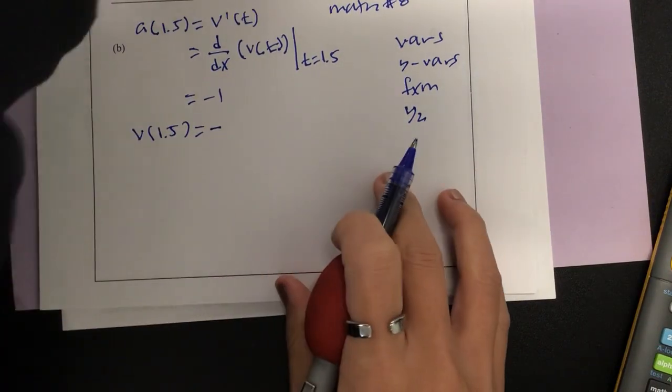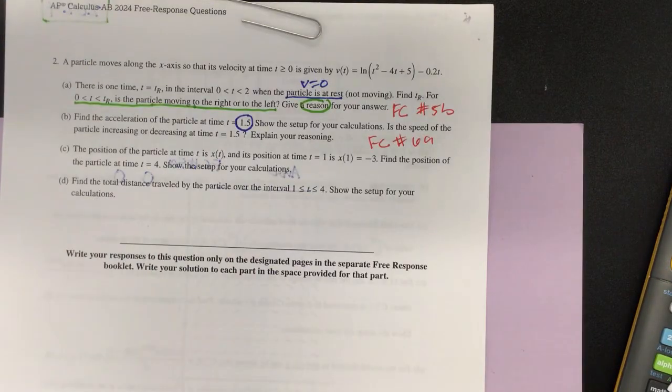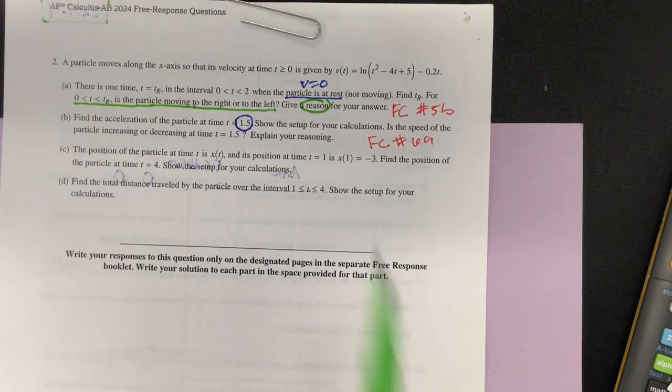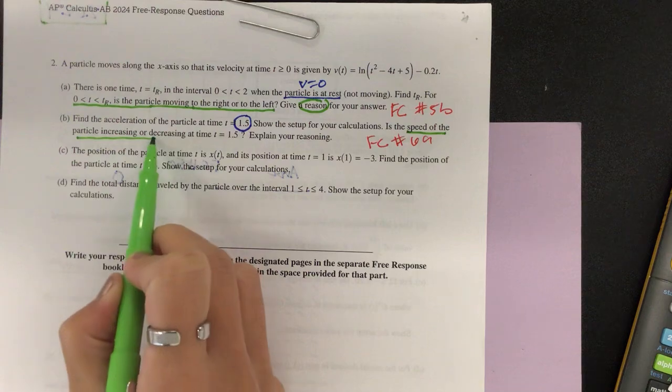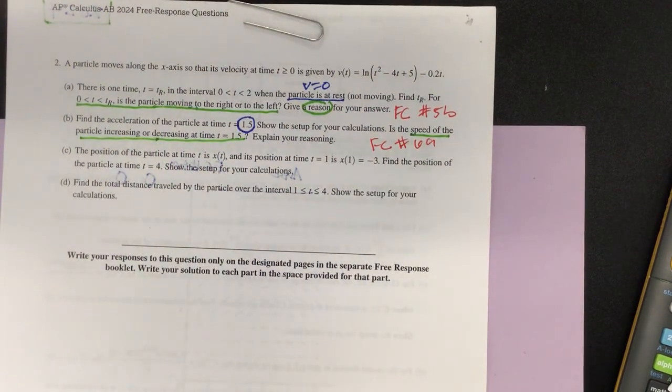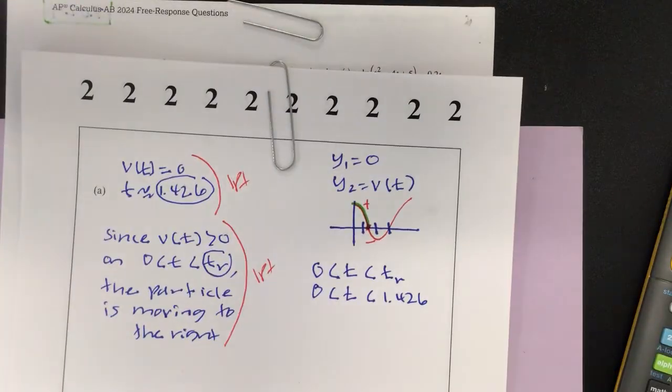Increasing. So the sentence stem that we're gonna steal from this one, underline with me. We're gonna steal speed of the particle, blah, blah, blah, decreasing at time, blah, blah, blah. So here I go.